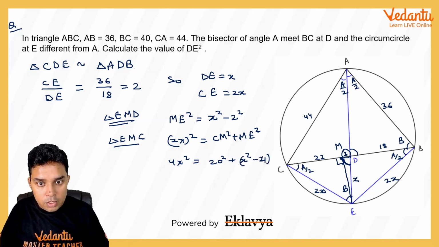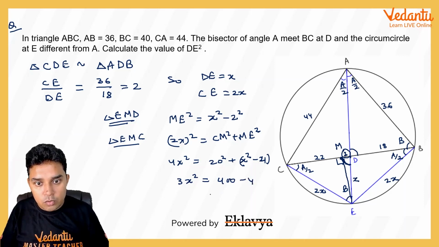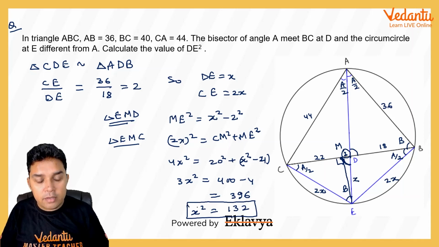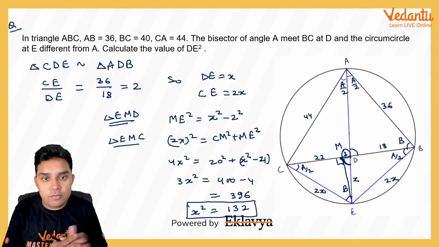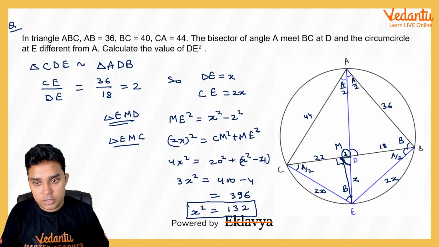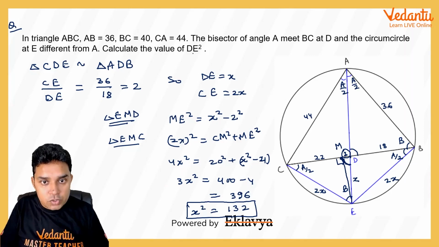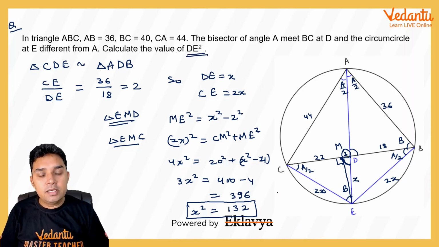Bringing this x square this side, we get 3x square equal to 400 minus 4, which is 396. So x square will come out to be 132. So this is how this can be calculated with much more ease than the previous methods. So DE square is 132.